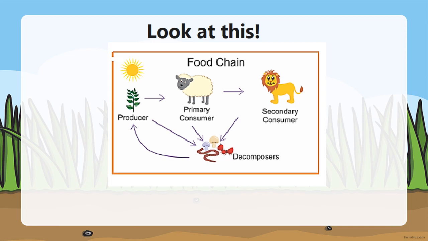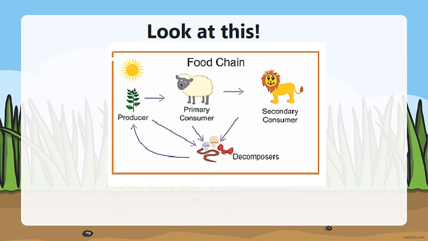Hey, look who is there. A dangerous lion. Lion will eat the sheep and the energy will get transferred into a lion. Then he will be a secondary consumer. After a long time, when lions grow old, they will die and get buried.